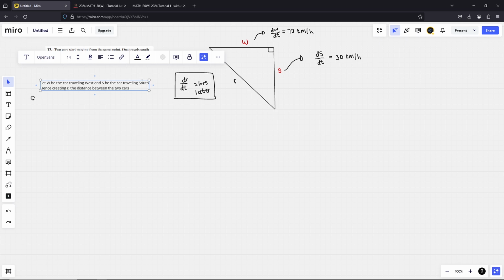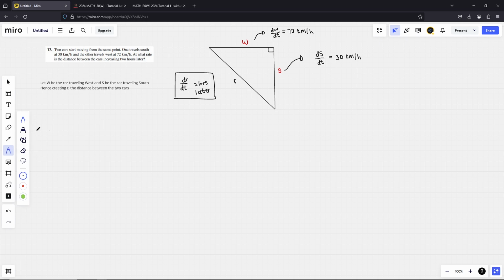Okay, and yeah, I think that's all we need to state. So we basically said let this be the car traveling west and let this be the car traveling south, hence creating r, which is the distance between the two cars.